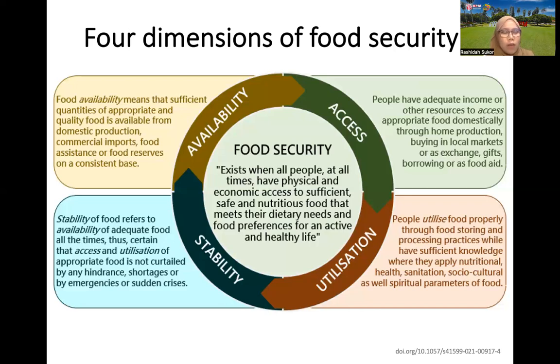We don't have any natural disaster, emergency, or sudden crisis. If we have that, that means our food is not stable, so we have a food security issue. This is very important because food security will also affect nutrition. We call it nutrition insecurity, for this particular topic.